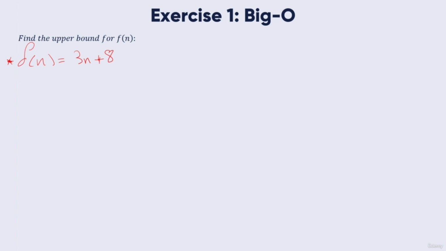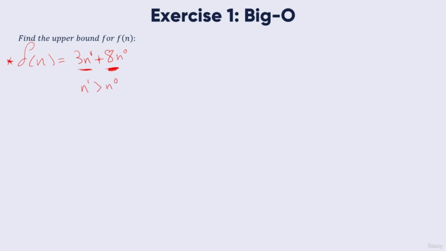If we look at this function, what is the highest order of this function? We have two terms, the 3n and the 8. 3n, and here 8 times n to the power 0, and here n to the power 1. So n to the power 1 is greater than n to the power 0.